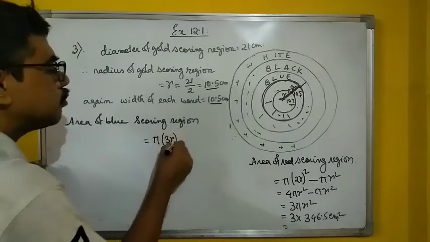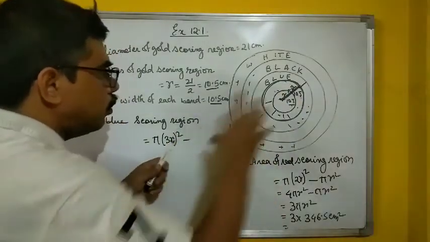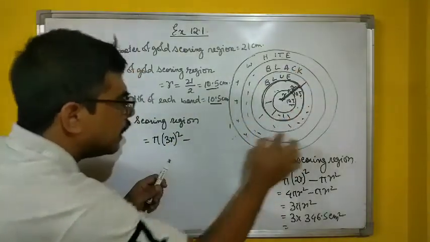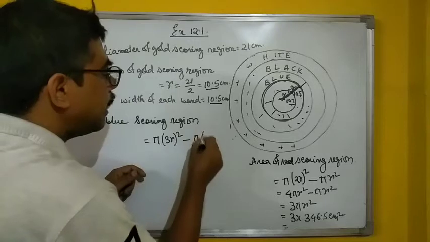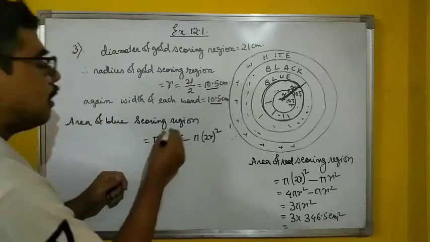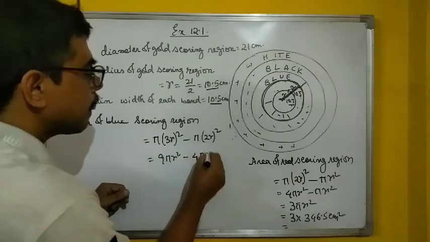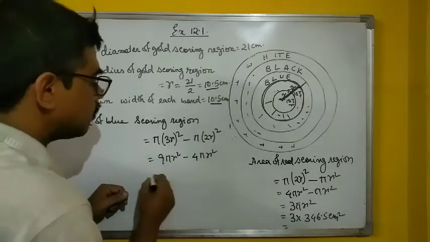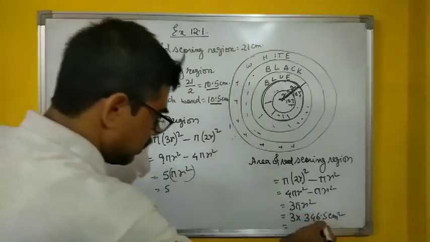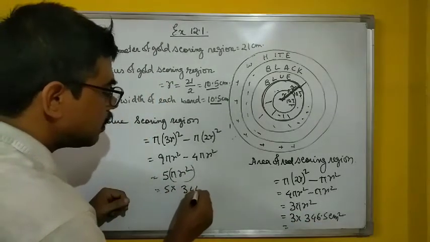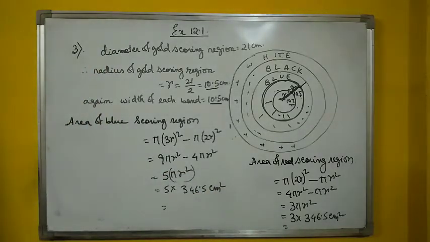So pi 3R square, minus the whole area up to red, which is pi 2R square. So what will we get here? 9 pi R square minus 4 pi R square, how much? 5 pi R square. And the pi R square we already got is 346.5 centimeter square. So you will get the blue scoring region.